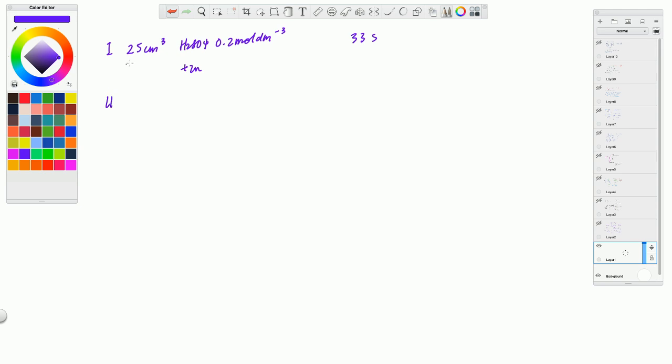Okay, second experiment is 25 centimeter cube of sulfuric acid. It's also 0.2 mole. But this one, you are using 45 seconds.